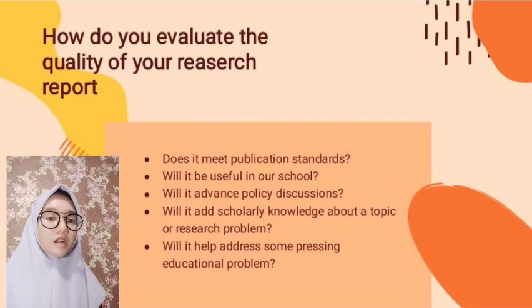Quantitative evaluators are most concerned about aspects related to data collection, analysis, and the reporting of results. Qualitative evaluators are concerned about data collection as well, but also about the persuasiveness of the study and the self-reflection of the researcher, such as: does it meet publication standards?